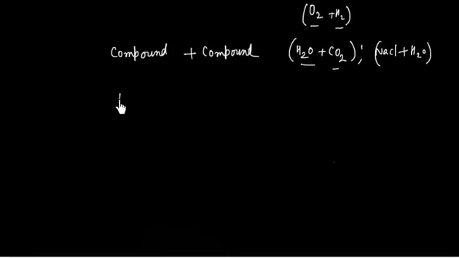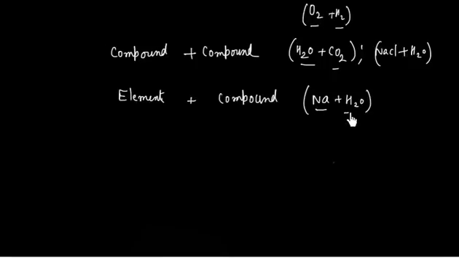Now you can also have the possibility of element plus compound. So this is again a mixture. Like sodium dissolved in water. So this is an element and this is a compound. So you can have three possibilities.